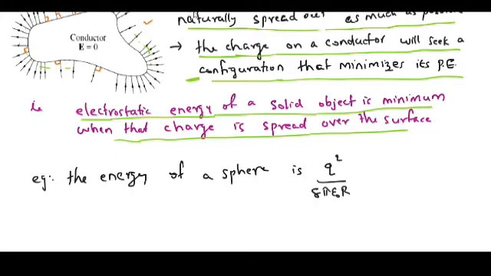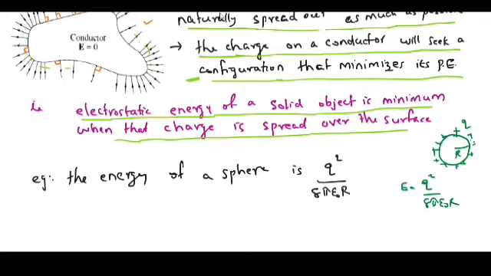This we had studied: this was the energy of a charged spherical shell. If the charges are on the surface, the energy is stored in the spherical shell whose radius is r and total charge is q. That energy is E equal to q square divided by 8 pi epsilon 0 r.